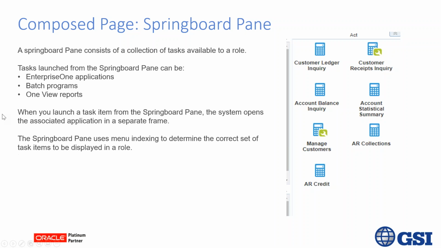Okay, Springboard panes. If these look familiar, like they're kind of like a menu, you're right. That's exactly what they are. If you have gone to the pain of creating all these custom menus in your navigator prior to whatever release you're in right now, they don't go to waste.